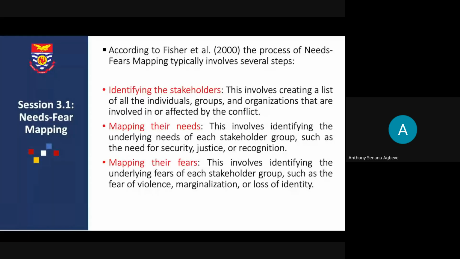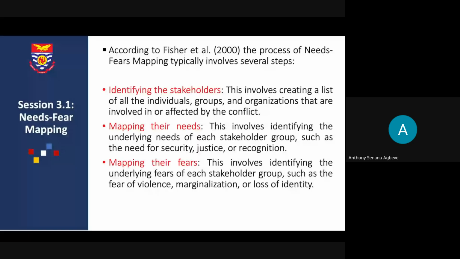So according to Fisher et al., the process of the needs fears mapping involves several steps. Right. The first step is identifying the stakeholders. So just like the stakeholder conflict analytical tool, you identify the various stakeholders involved in the conflict. You map their needs.